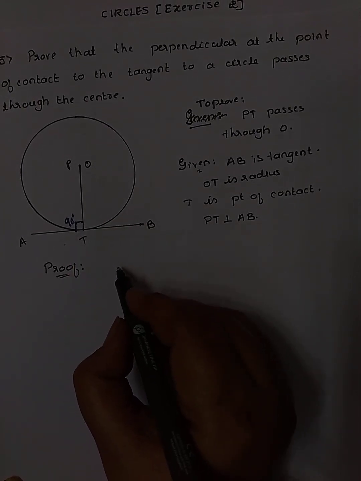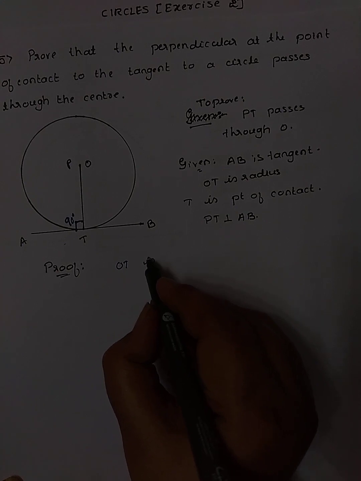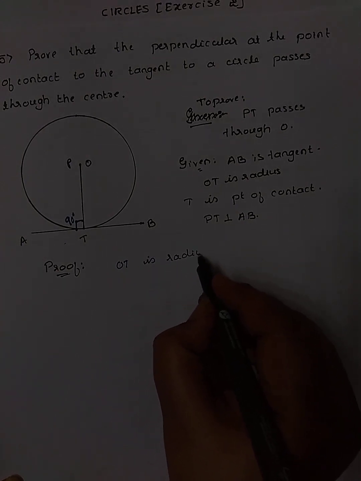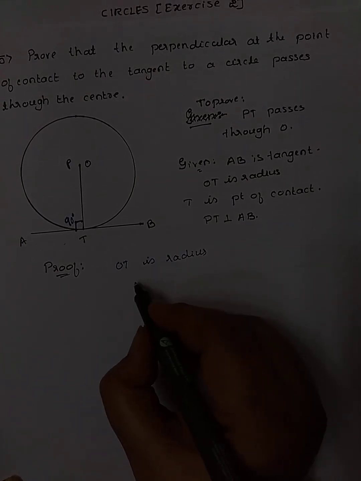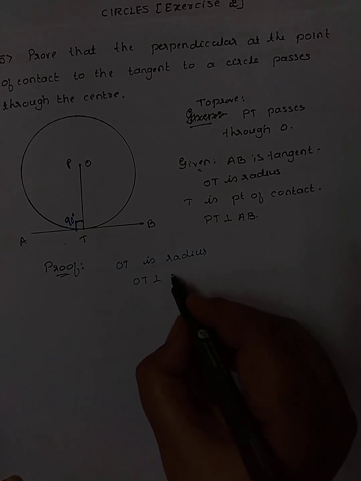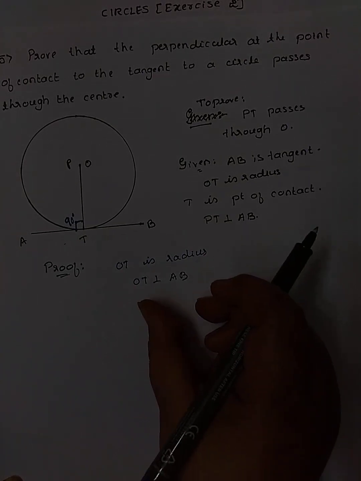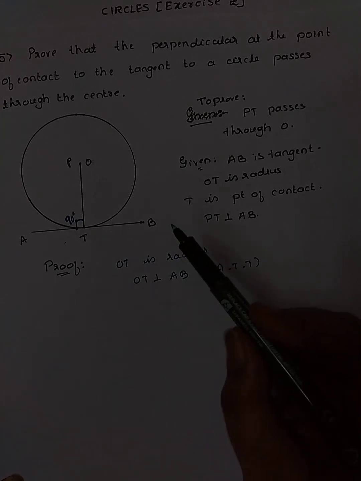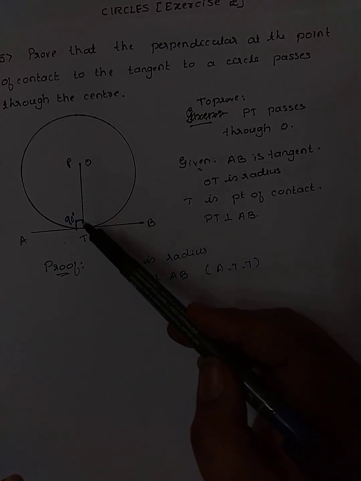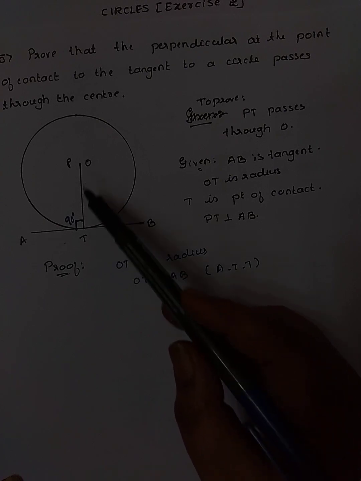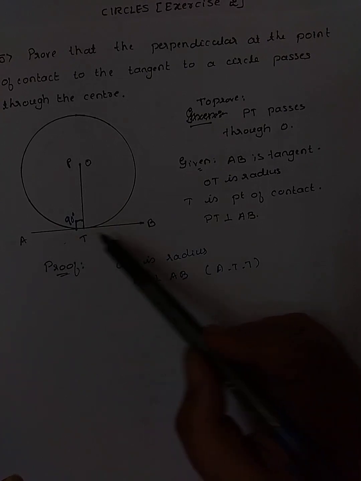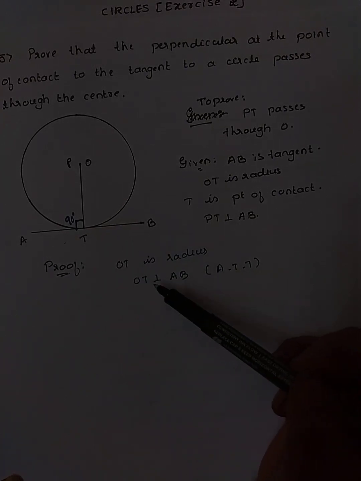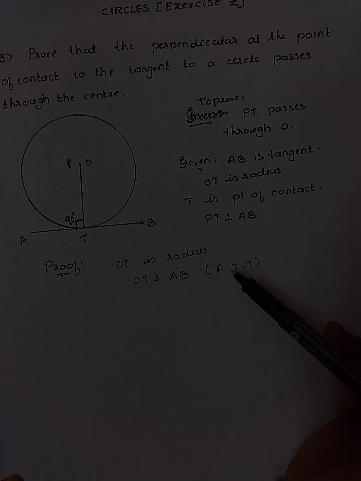First, OT is a radius, and OT is perpendicular to the tangent AB, because of the theorem. What theorem? A radius drawn to the point of contact is perpendicular to the tangent. That is, OT is perpendicular to AB.